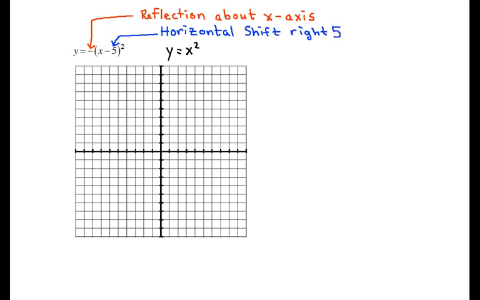So remembering first of all what the base function y equals x squared looks like, I'll do that in a very light blue that's kind of hard to see so that it doesn't distract from our final graph. I'm starting from this parabola. I want to reflect about the x-axis, which will make the parabola open down.